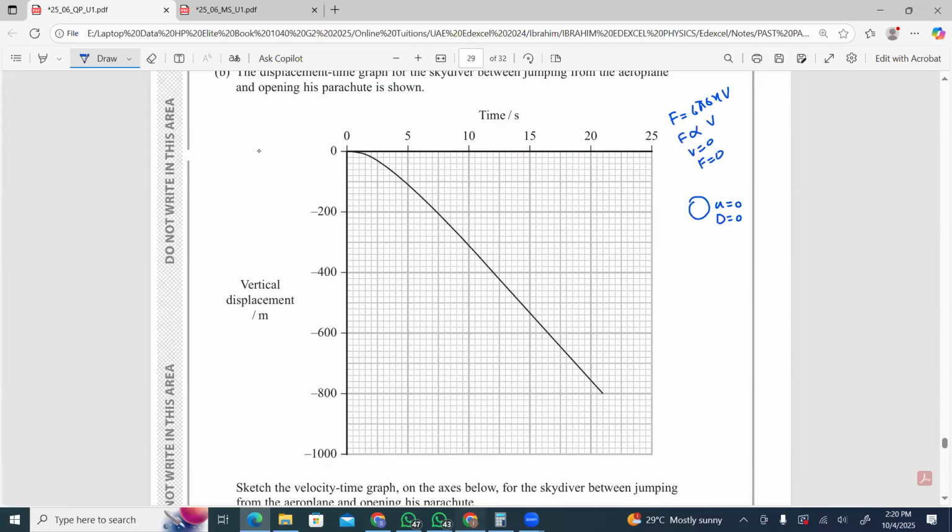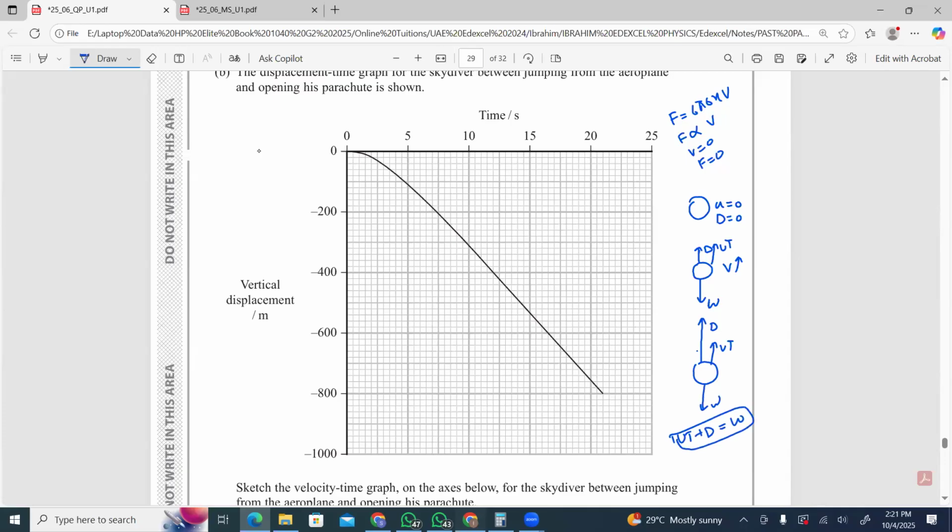But as you jumped and you start moving, your speed is increasing, right? So when your speed is increasing, there is a drag acting on you, and there is a weight acting downwards, and there is an upthrust as well. But as soon as you are gaining more and more speed, the drag keeps on rising, but the weight and the upthrust are not changing. A moment will come when the upthrust plus drag will become equal to weight.